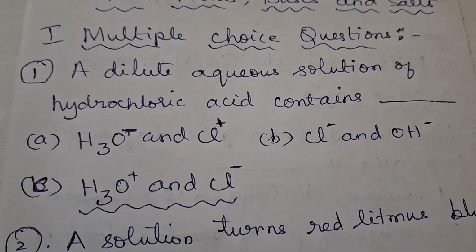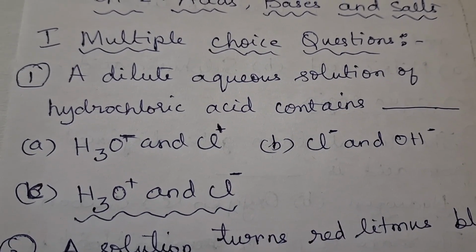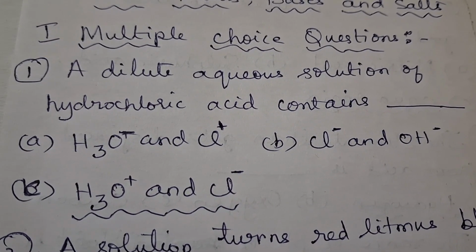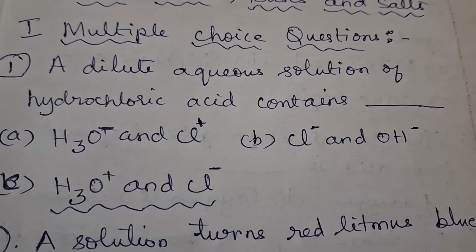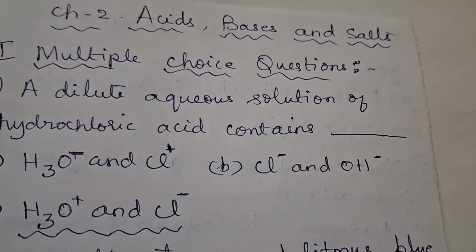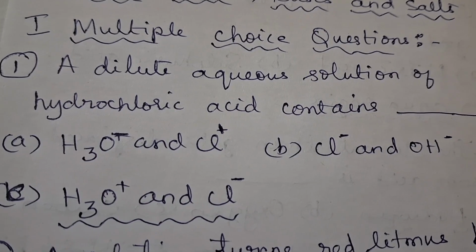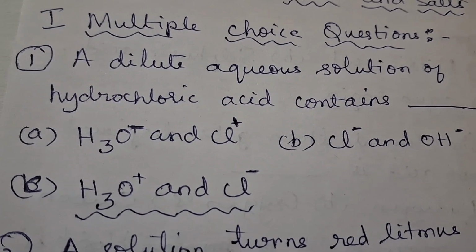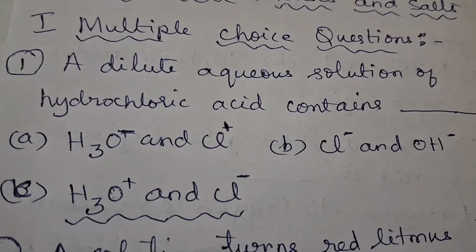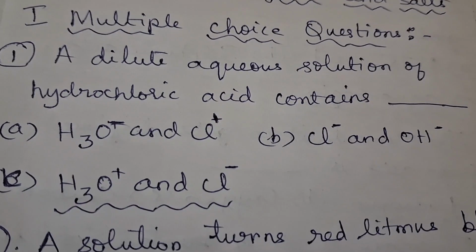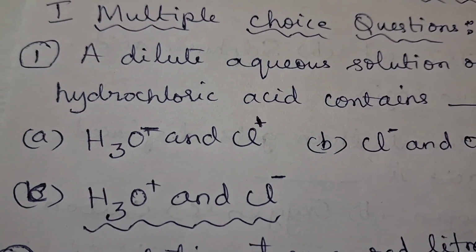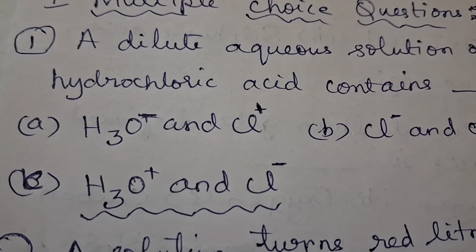A dilute aqueous solution of hydrochloric acid contains H3O plus and Cl minus, or Cl plus and OH minus, or H3O plus and Cl minus ions. So the answer is H3O plus and Cl minus. C is the answer. This H3O plus is nothing but the hydronium ion.